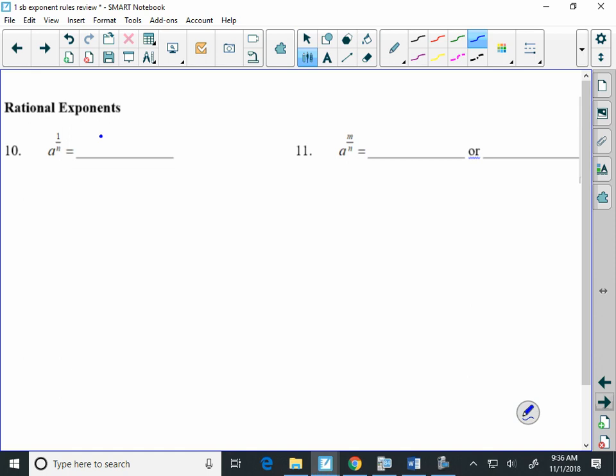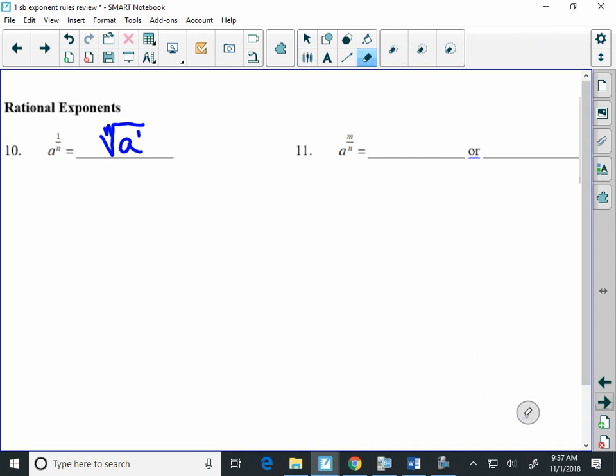What happens is that the a is going to be the value underneath the radical. The denominator of the fraction is going to go in this check mark part of the radical, and then our numerator can go right there. The nice thing is that it's a 1, and a to the first is still 1.